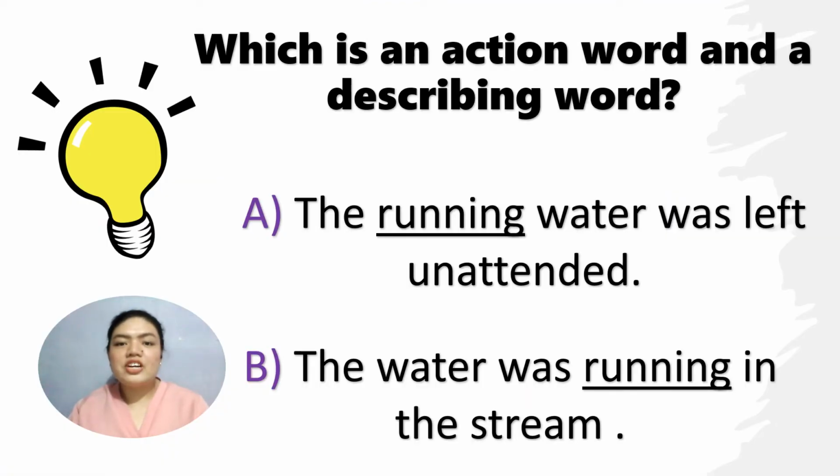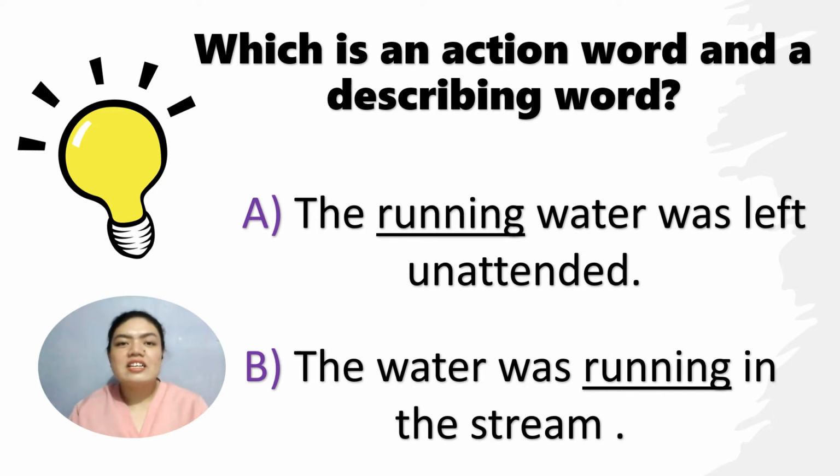For us to clearly understand what a verbal is, we have here two sentences that use the word running, one of which is an action word and the other is a describing word. Let us try to read the sentences first. A: The running water was left unattended. B: The water was running in the stream. Which do you think is an action word and which is a describing word?